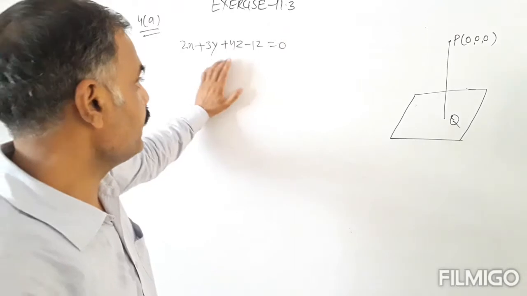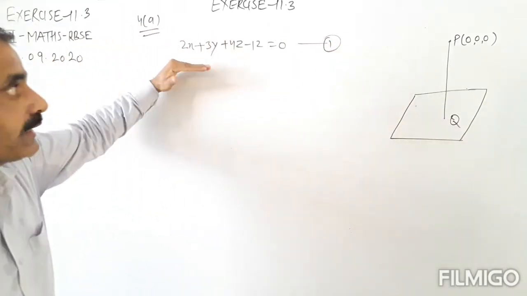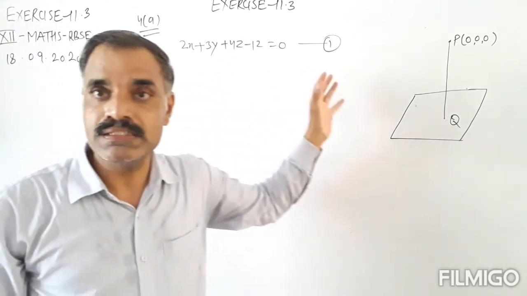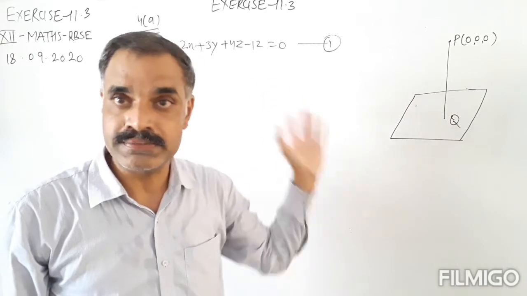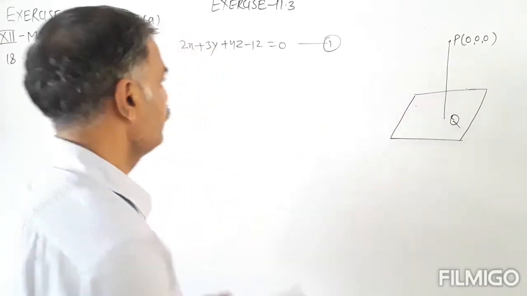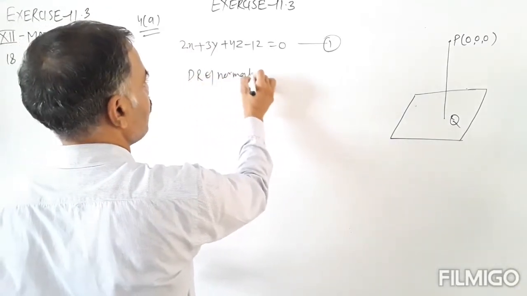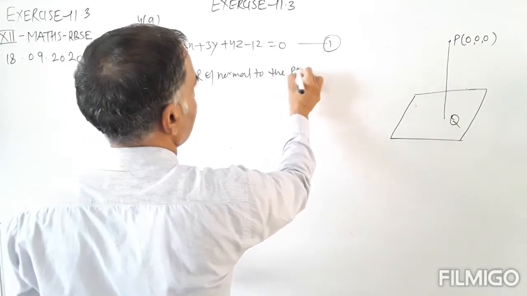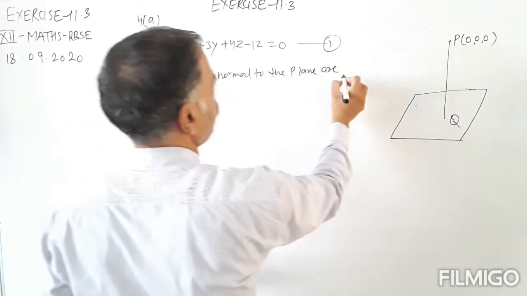Now the equation of the plane is this. Its direction ratios are not the direction ratios of the plane itself but the direction ratios of its perpendicular. The direction ratios of the normal to the plane are 2, 3 and 4.